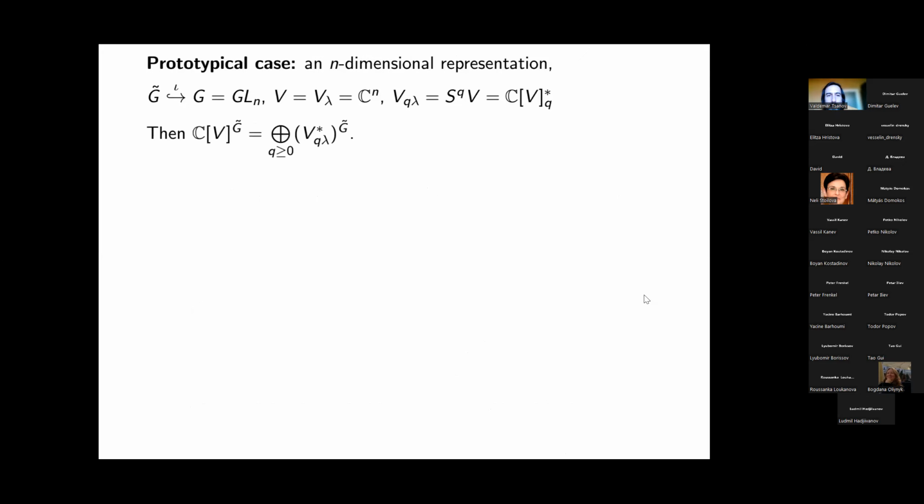This is just that if we have a representation, so the large group is just GLN, and V is CN, its natural representation, which is irreducible under GLN, so it's one of those V lambdas. And the coordinate ring, polynomial ring in n variables, has homogeneous components which are irreducible under GLN, the symmetric powers of the natural representation.